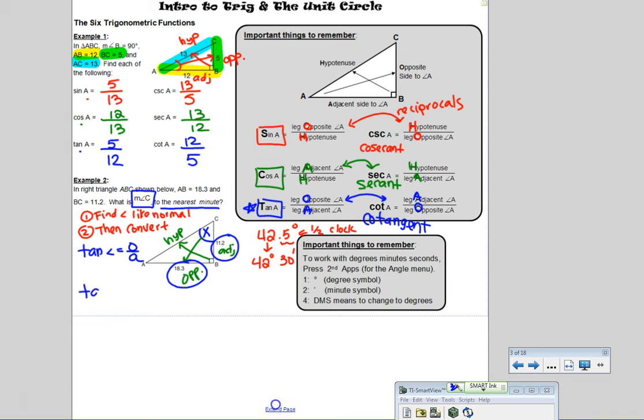Tangent, the angle is, we don't know, x. The opposite is 18.3 over the adjacent 11.2. In order to actually figure out the angle, because they want the real angle, we are going to bring tan over to the other side by doing tan inverse.